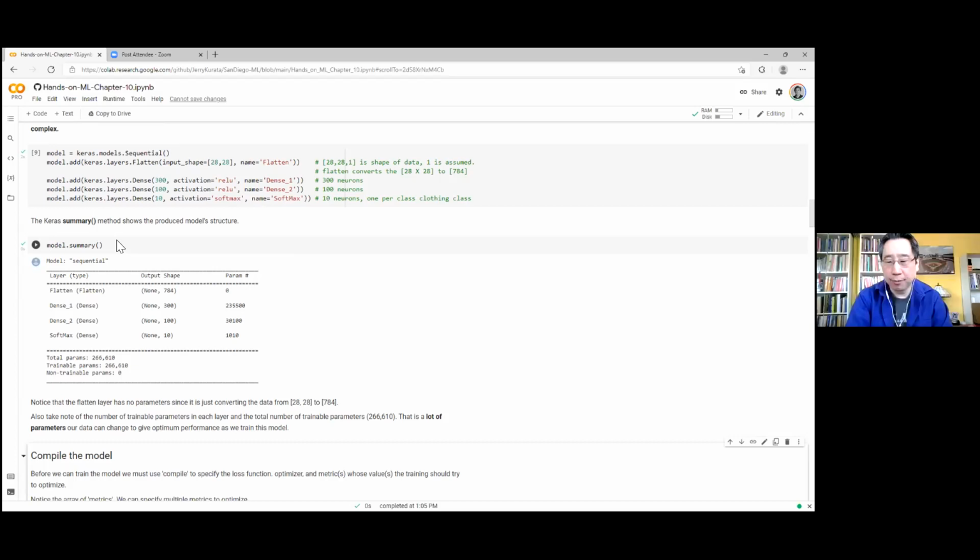I don't remember if you added a slide on it or not, but in the chapter it does talk about, well, what if you actually had the problem of two separate inputs or two separate outputs or something funky? The book does get into it in this chapter. You're not likely to need it right away, but even if you don't play with it yet, just know it can be done.